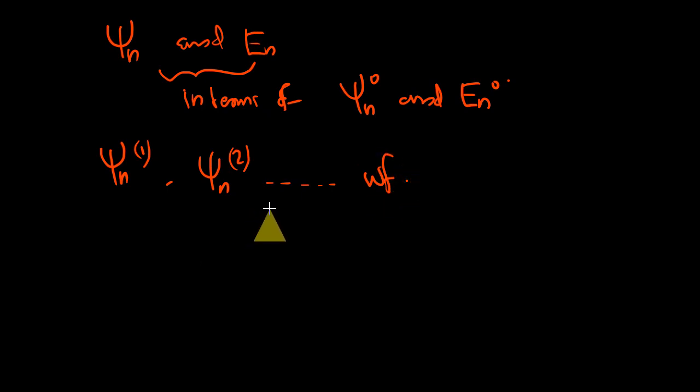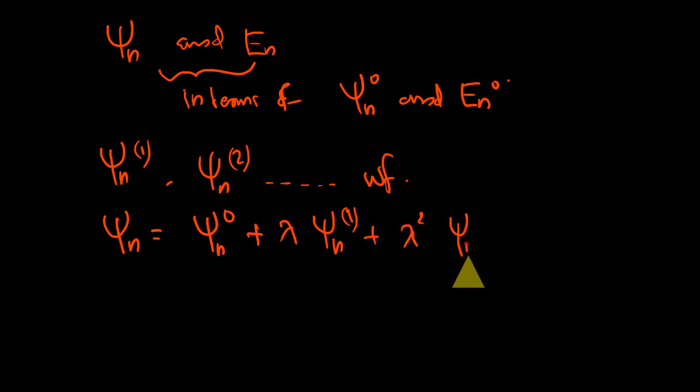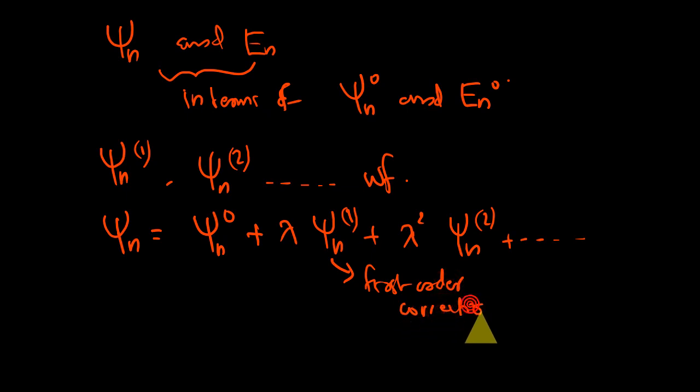Then we can express psi n, the wave function of the perturbed system, as psi n0, the wave function of the unperturbed system, plus lambda psi n1 plus lambda squared psi n2 plus etc. Here we call this the first order correction to the wave function, and this is the second order correction to the wave function.